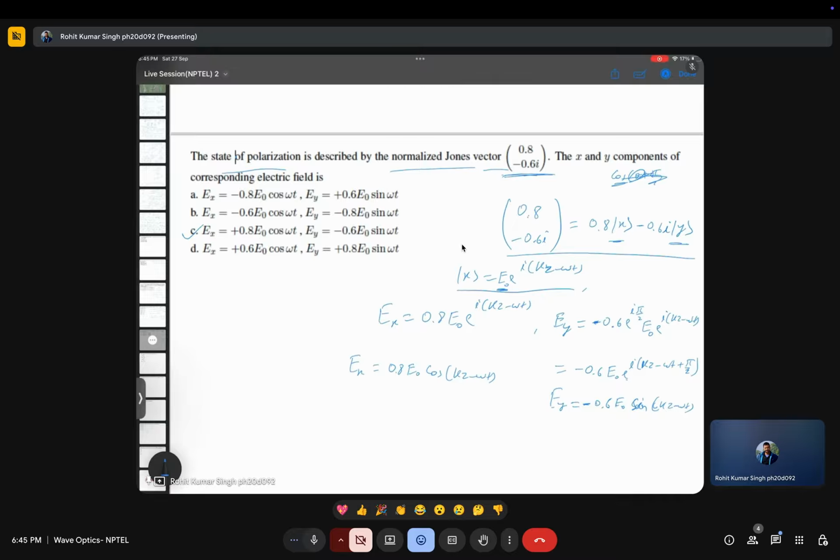So that means when you go back from these two to this, then what will happen is, wait, so when you go back, you will have 0.6 E naught y and this.